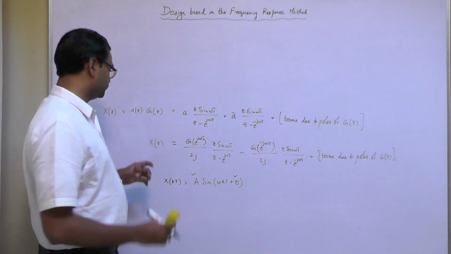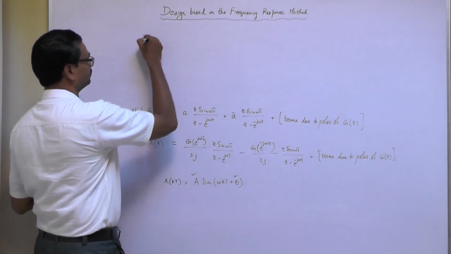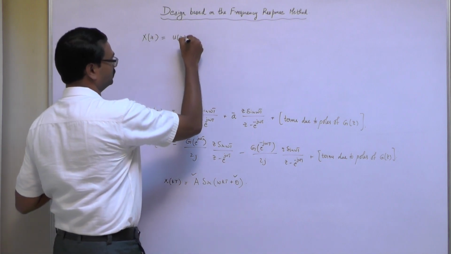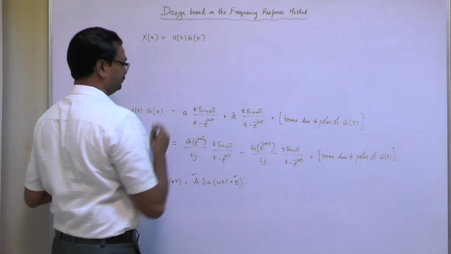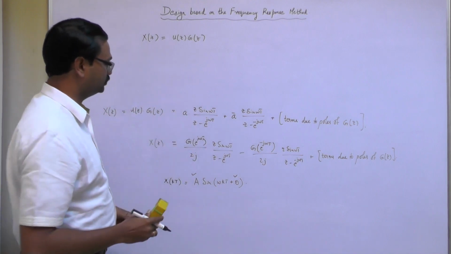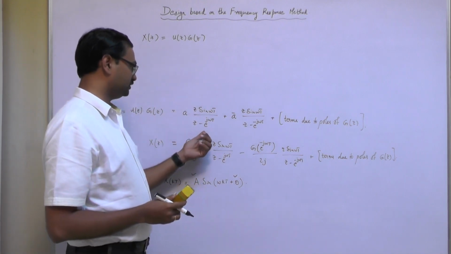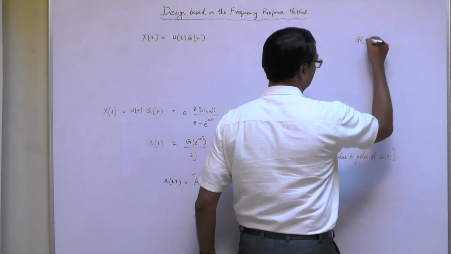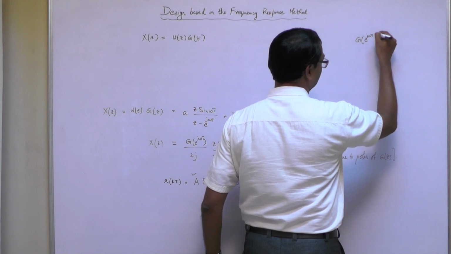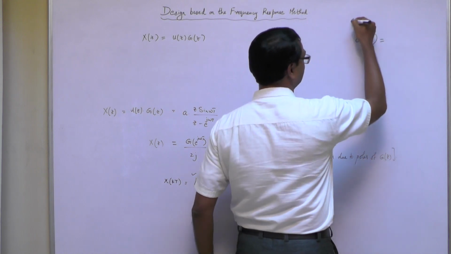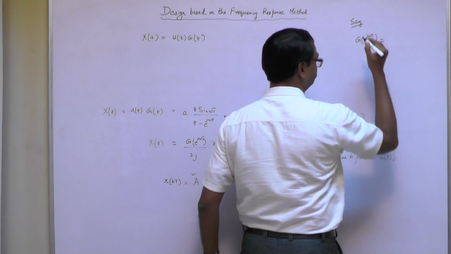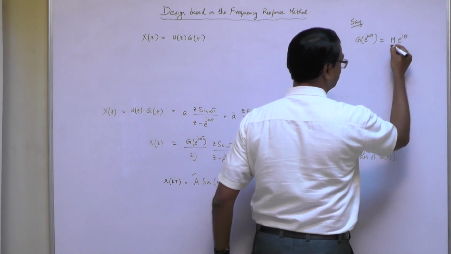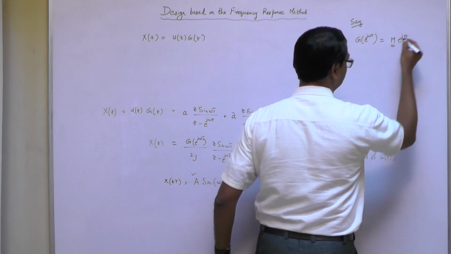So when we are discussing this, X(z) is equal to U(z) into G(z). We are having this term A z sin(ωT) by (z² − 2z cos ωT + 1), partial fractions z by z minus e^(jωT), and G(e^(jωT)) can be, let us say, equal to M e^(jθ), because it has got a magnitude and theta.